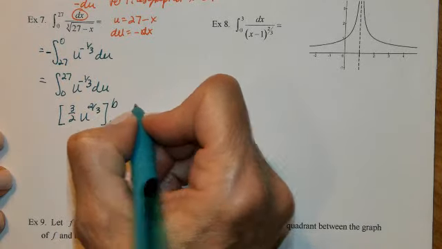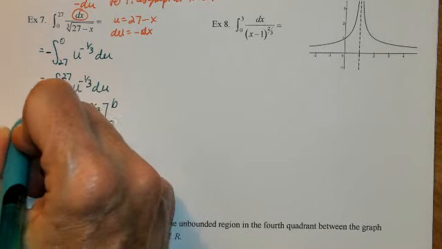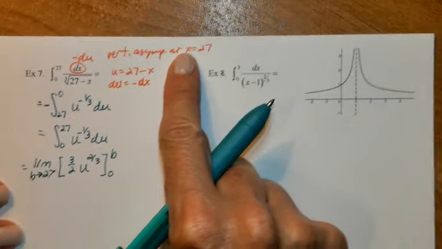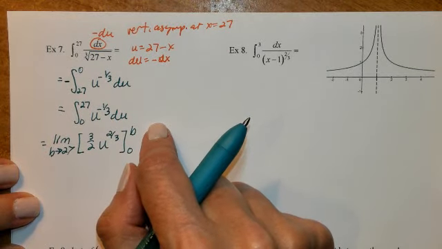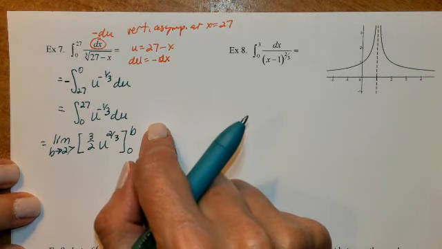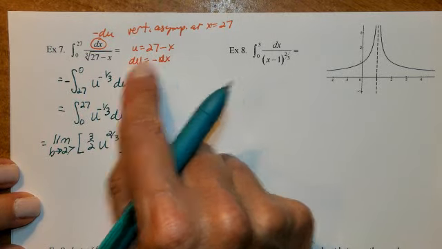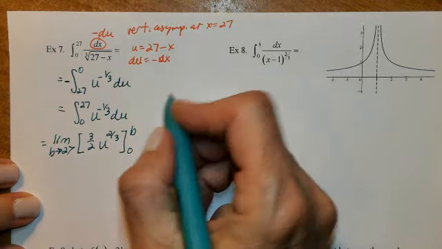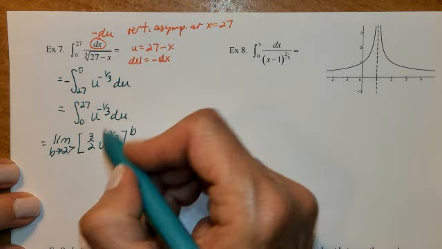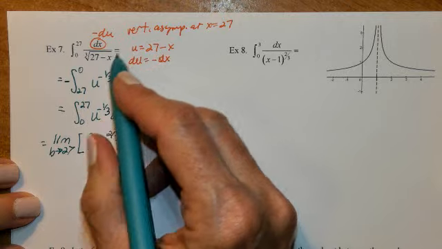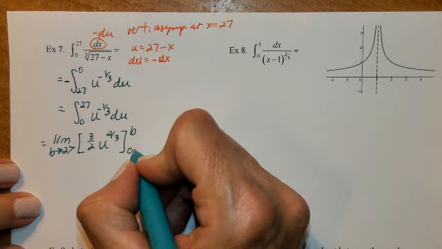I need to put a b there and take the limit as b goes to 27. Why? Because we had a vertical asymptote at 27. So I can't put 27 in there. Actually, since we did the u sub and didn't go back to x's, our u vertical asymptote was at 0, wasn't it?